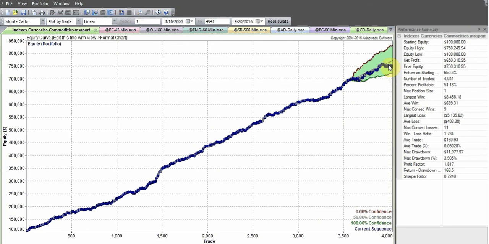If the equity line is over this brown line here, then you are overperforming. If your equity line is much below this green line, then you are underperforming. In this case, you see it is in between. So the behavior of the portfolio is in line with historical behavior.